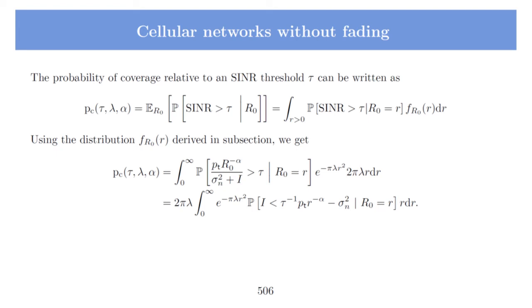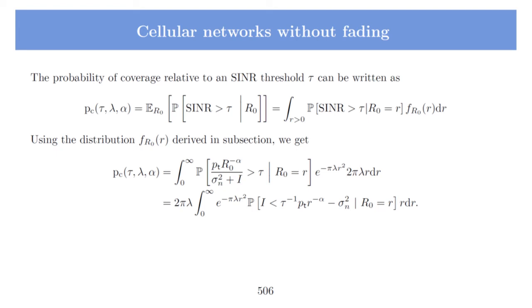So again you can take the term sigma n square plus I to the right hand side to become tau times sigma n square plus I. Then there is no random variable except I here, because R0 is also conditioned and there is no fading, so the only random variable is I. So this can be written as the probability that I is less than tau inverse times transmit power times R to the power minus alpha, minus sigma n square.